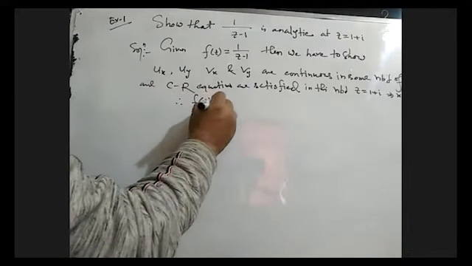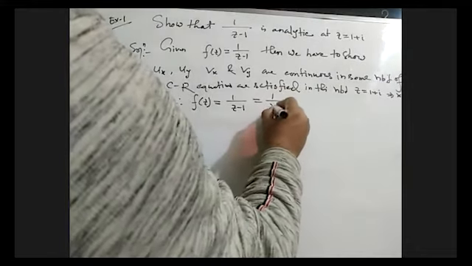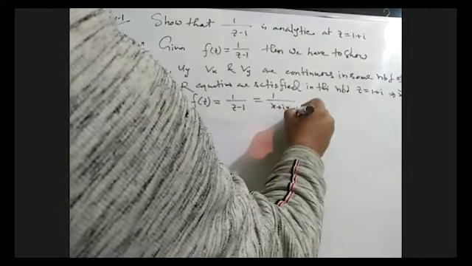So f(z) = 1 divided by z minus 1 can be written as, how can we write? Just replacing z, x plus iy minus 1.